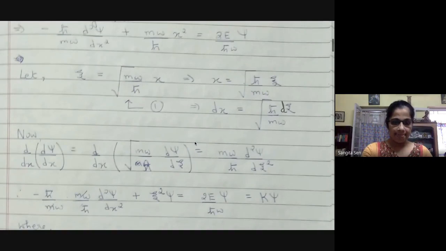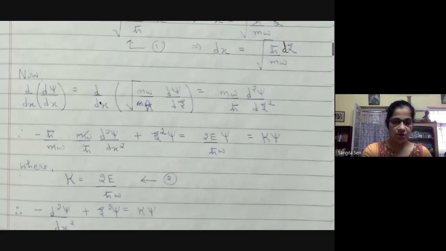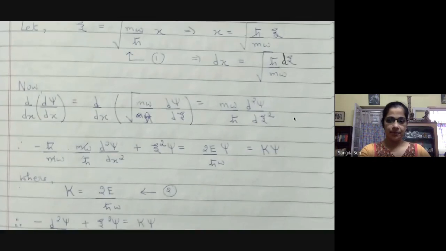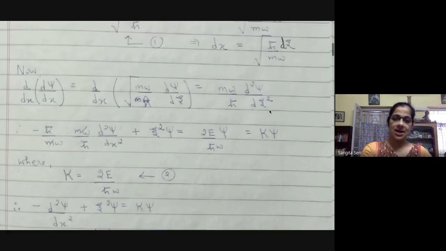So if I do this change of variable, then for the second derivative, d squared by dx squared of psi, I scale the first derivative d by d xi, and then scale the second derivative, and I get m omega by h cross d squared psi by d xi squared.